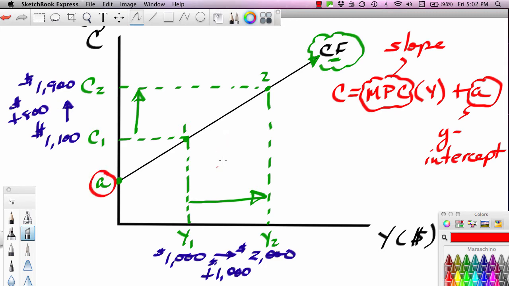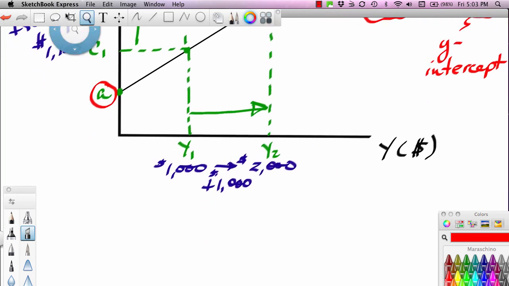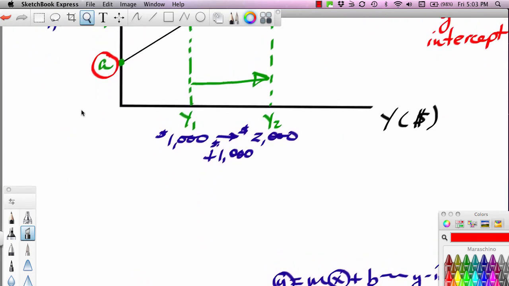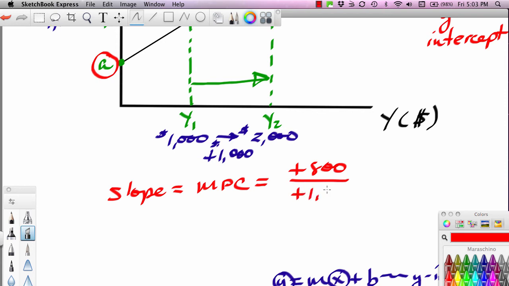Okay? All right, now let's go ahead and solve for A. We can actually solve for A. You go, how can we do that? Well, we have the slope here. We have MPC. So let's go ahead. I'm going to move down and we'll actually calculate this. What is the slope of this line? Well, the slope of this line equals MPC. Now I haven't defined MPC yet, but just go ahead with that. And that's what? The rise of the line plus 800 over the run along the line 1,000.